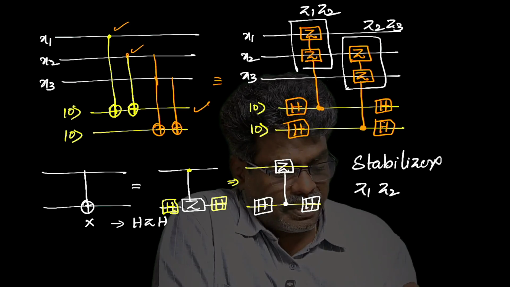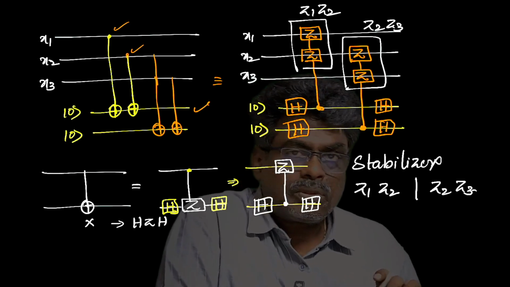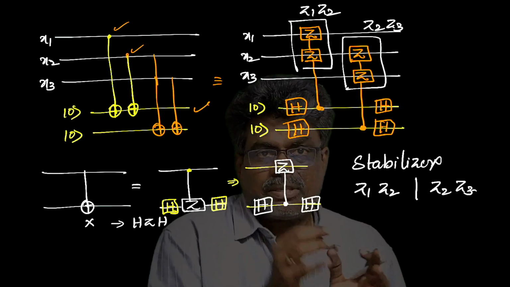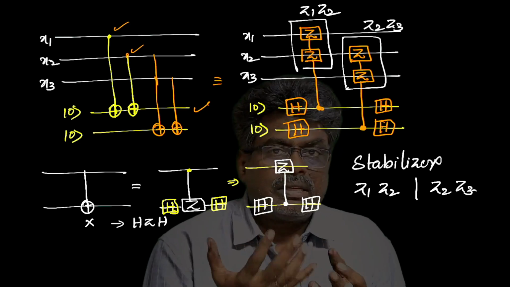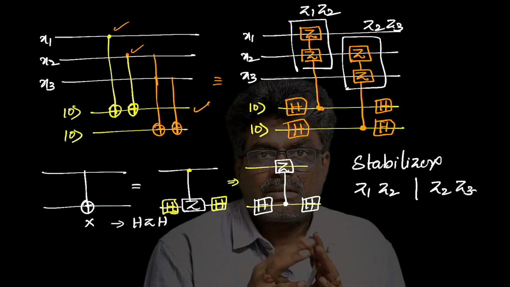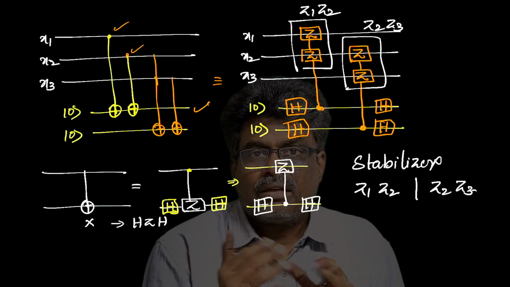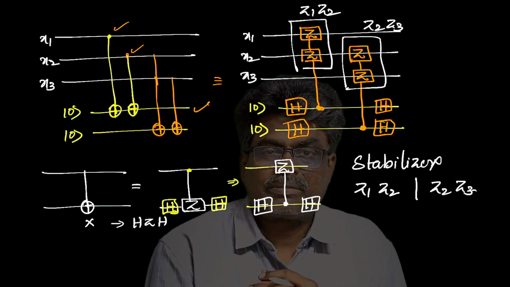So if you take this stabilizer operator and operate on that syndrome state, you will get either +1 or -1. So by using that parity check, we can say which qubit is having a bit flip error.